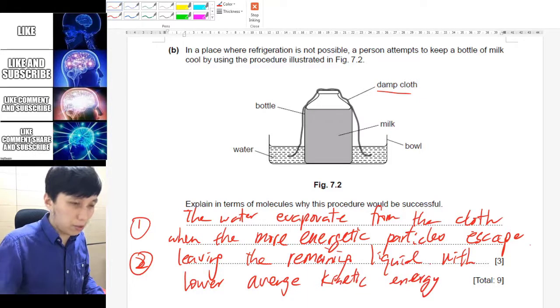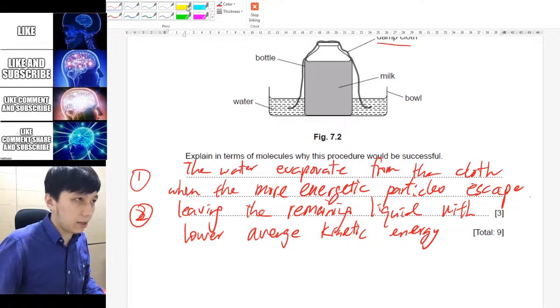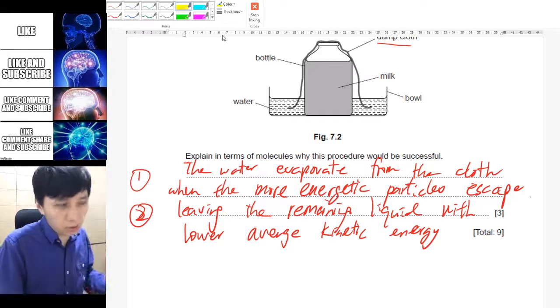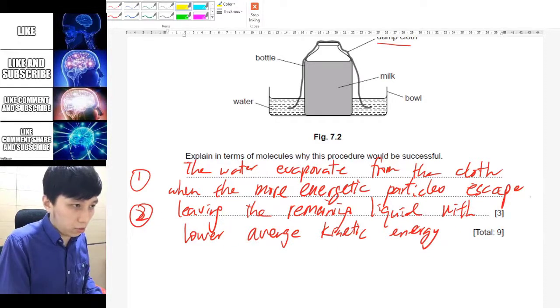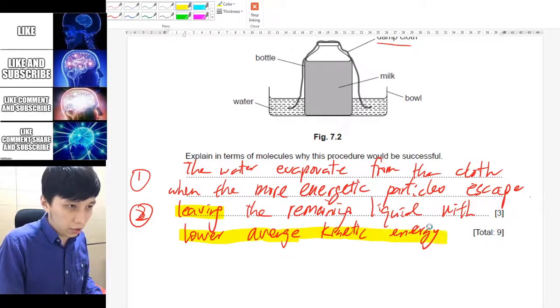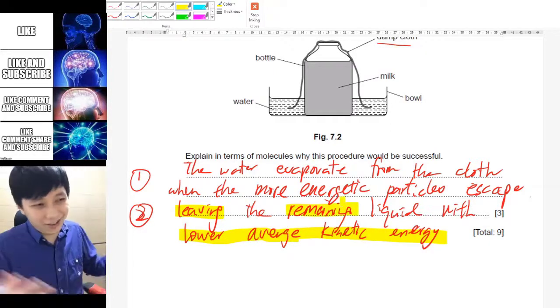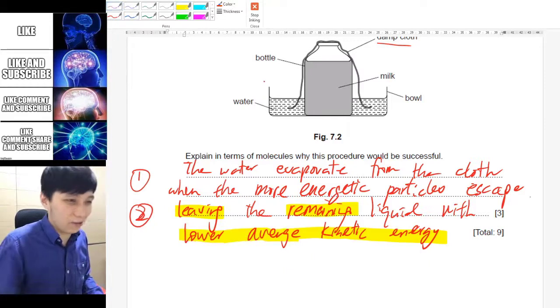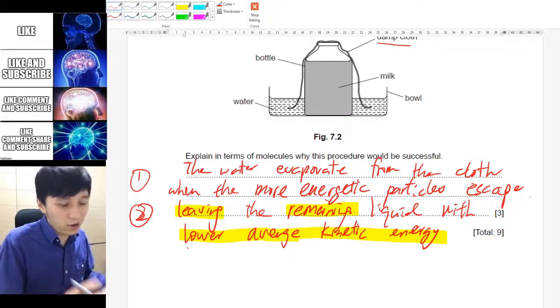This is probably the hardest sentence and the one that requires the most technical words. So you need to make sure you have the words leaving, lower average kinetic energy. It's literally the whole sentence anyway, so you can't miss any word or change much from the wording.